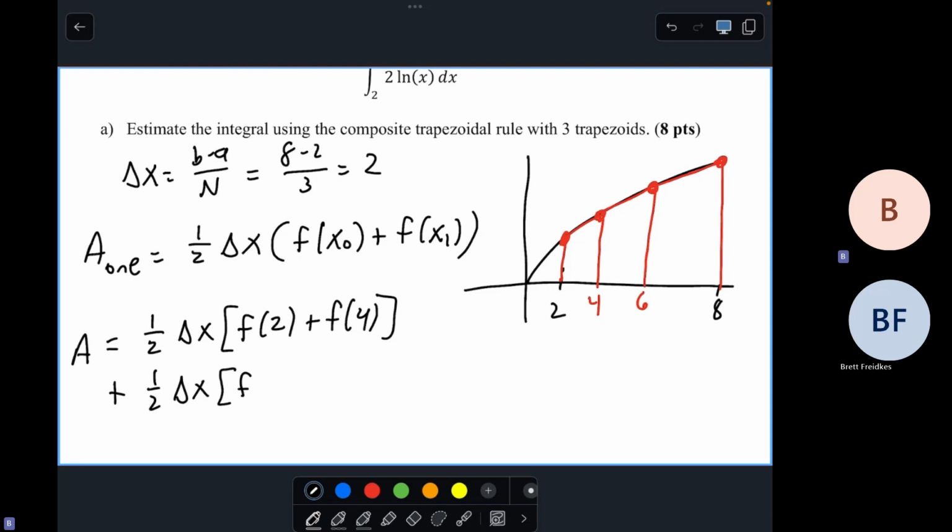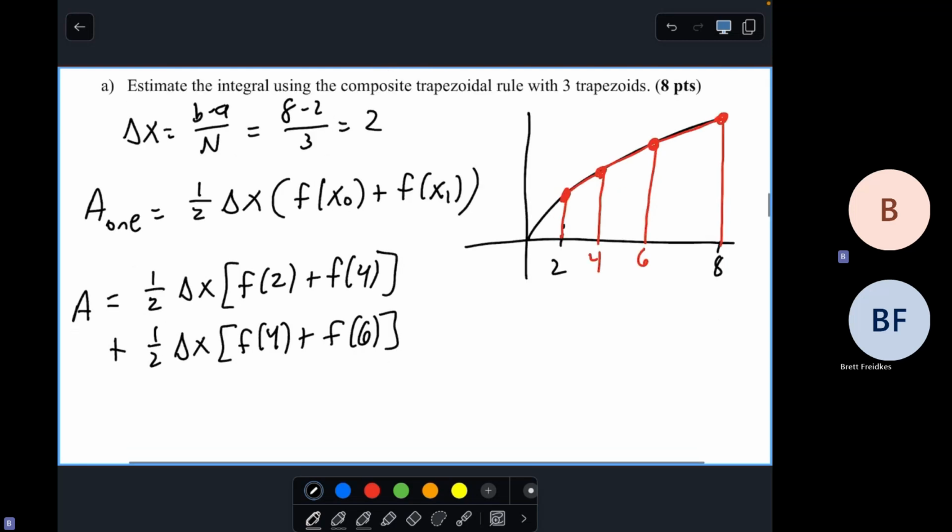Markley, what's the second one? No, don't tell me, tell me in terms of f. F of 4 plus f of 6, plus 1/2 delta x, f of 6 plus f of 8.